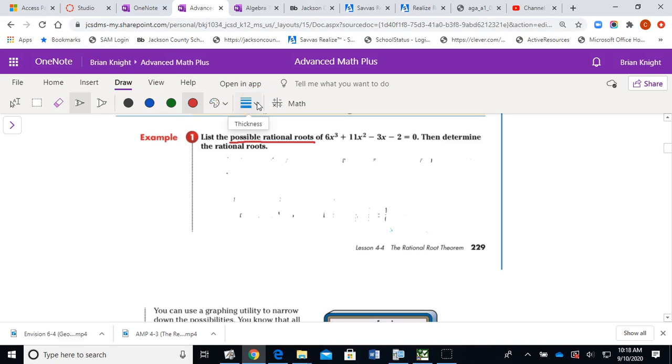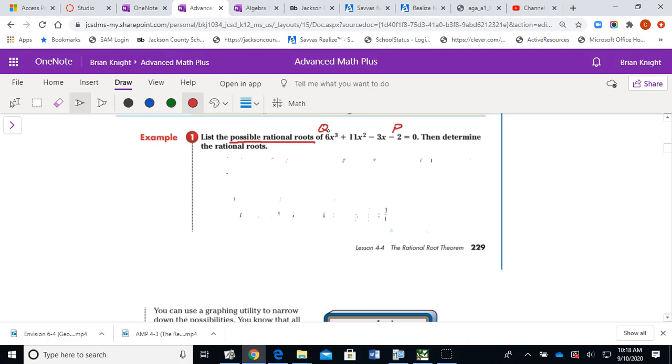What number did we look at to get the possible rational roots yesterday? The last one. Now, yesterday, what was the first number every time? 1. So today it's a little different, okay? This is your P, and that is your Q, okay?